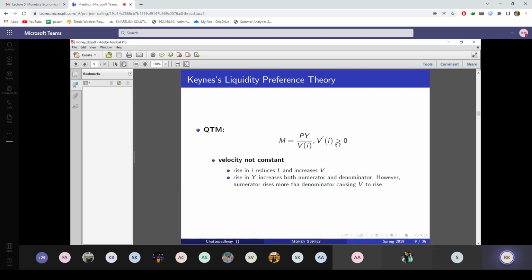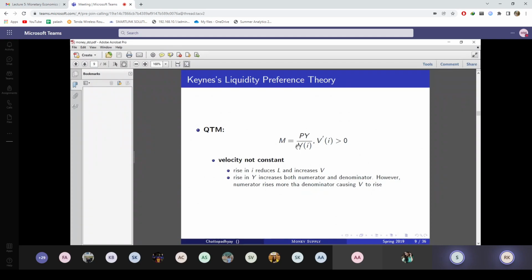Here we'll try to give a micro foundation of this liquidity preference theorem, which says money demand has two parts: transaction demand for money, that depends on Y positively, represented by the numerator of the right-hand side of this equation; and it depends negatively on the interest rate I, because Keynes assumed velocity depends on I positively, and we got this negative relation, the speculative demand for money.